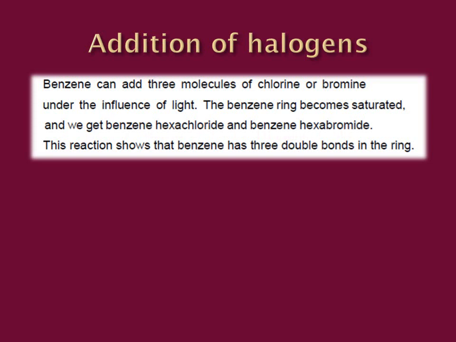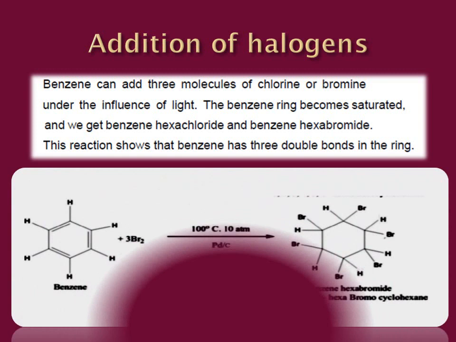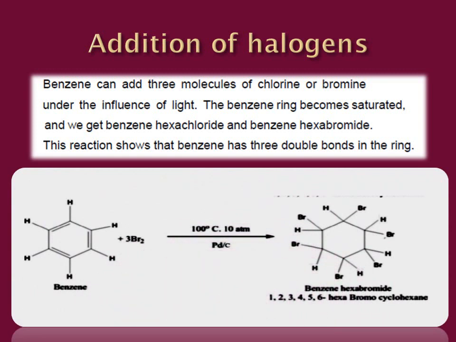So students, if we add 3 moles of bromine to benzene under these conditions, it is going to give us benzene hexabromide. Each bromine atom is going to add across each carbon, giving us 1, 2, 3, 4, 5, 6 hexabromocyclohexane.